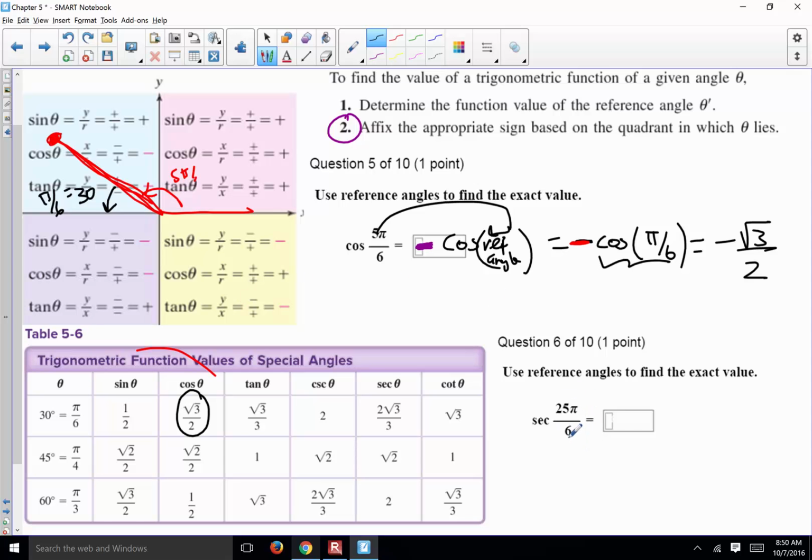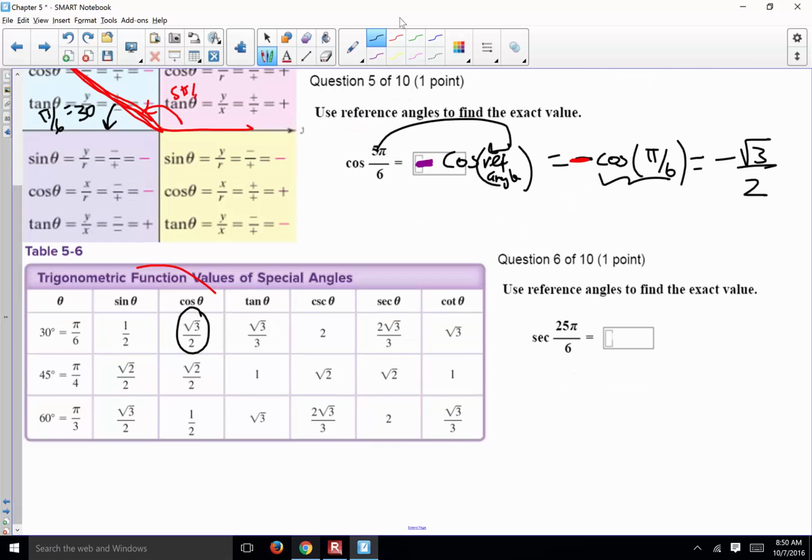25 pi over 6. You can use the idea I gave you earlier. If the top number is quite a bit bigger than the bottom, that means you are making a lot of turns here. Divide them. Or you can directly take 180, multiply by 25, divide by 6, and then make turns by 360, 360, 360. Degree or radian, fine, but I want you to get used to this as well.